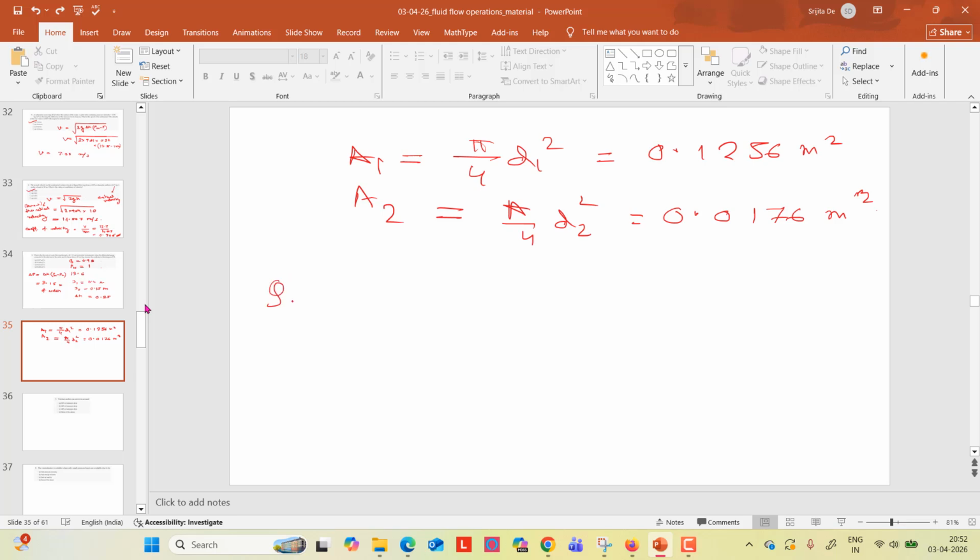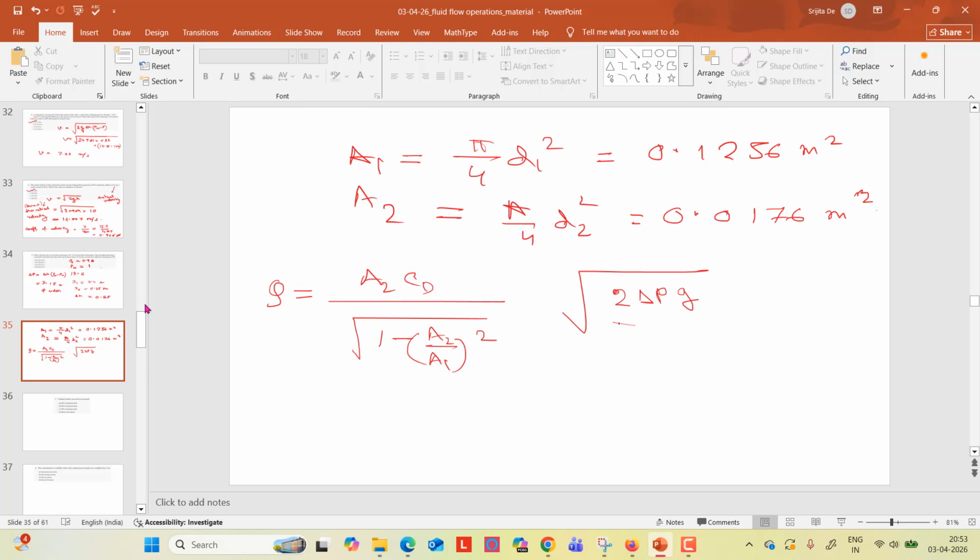So Q equals A2 CD by root under 1 minus A2 by A1 whole square, into 2 delta P. In the delta P, I have not calculated G, so G will be here, and there is a rho of water, right? So just put the values.